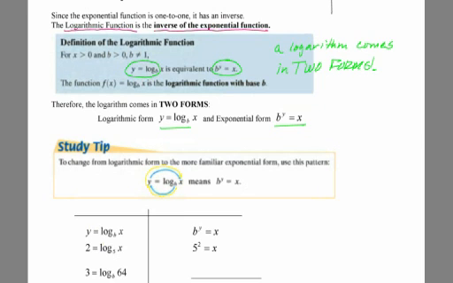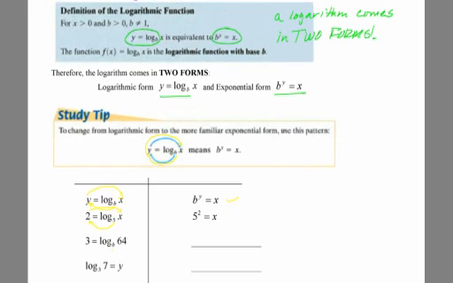So if I took this problem right here and brought it full circle, I'll have b to the y equal x. And that's what we have written. Bringing this full circle, 5 to the second power equal to x.